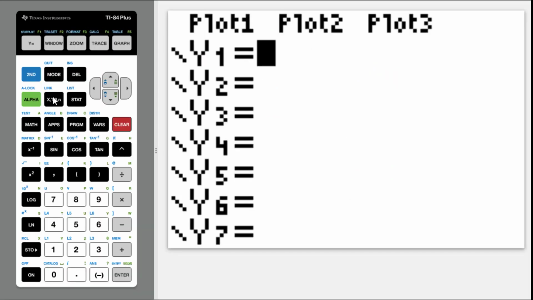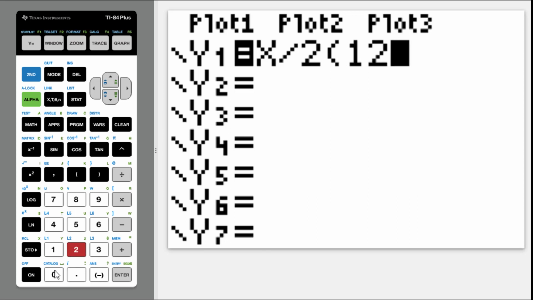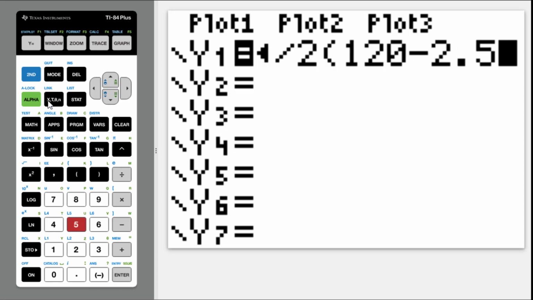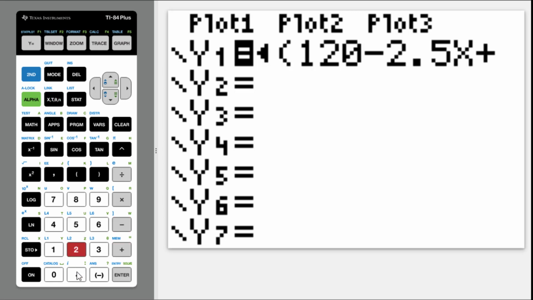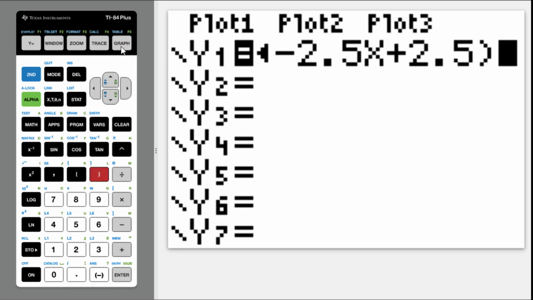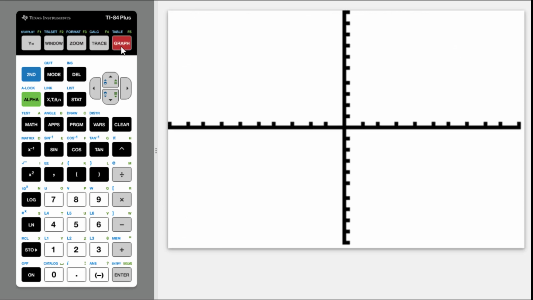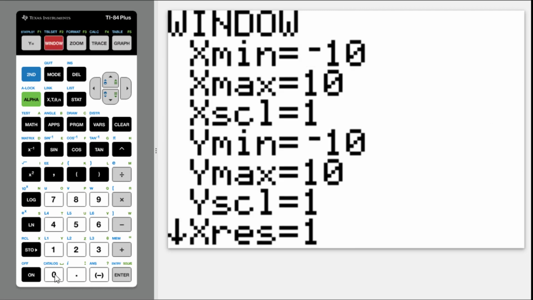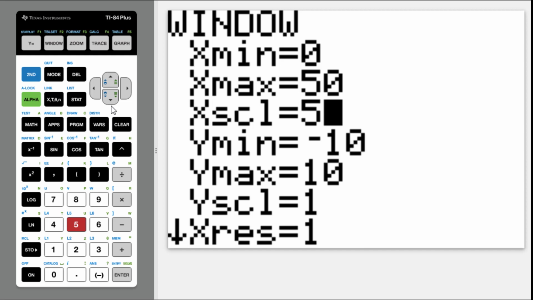Change n into x: x divided by 2 times 120 minus 2.5x plus 2.5. Then go to graph. Change the window. This x will be from 0 to 50, scale is 5.